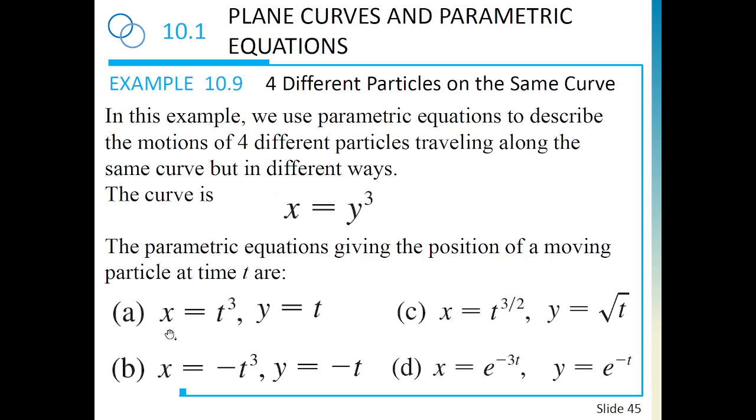So let's say x is equal to t cubed and y is equal to t. If I put y equal to t, then x will be t cubed. There's nothing special there, straightforward. If I say that y is equal to negative t, then x is equal to negative t cubed. So again, I'll have x equal to y cubed.